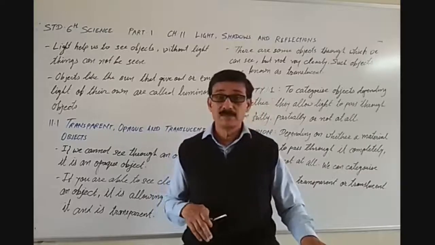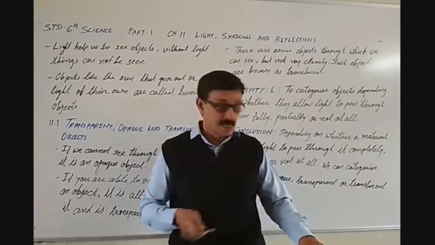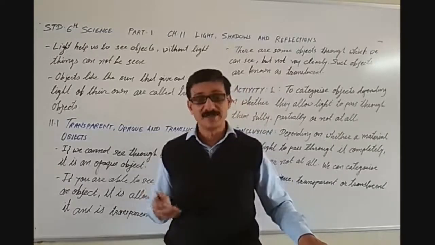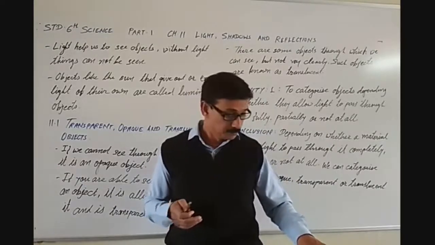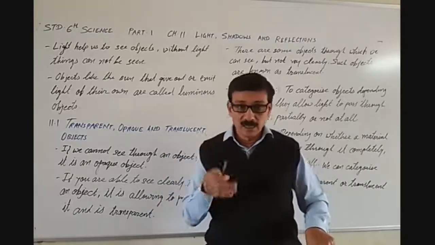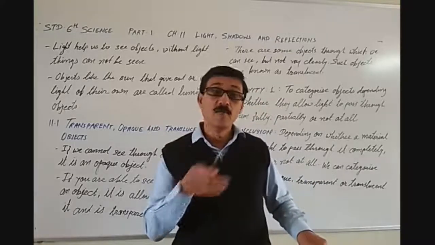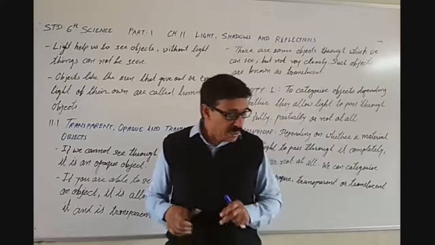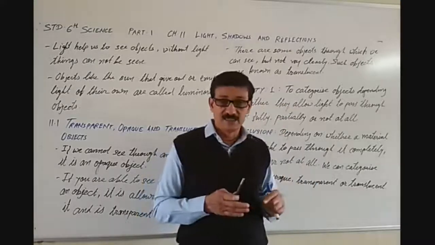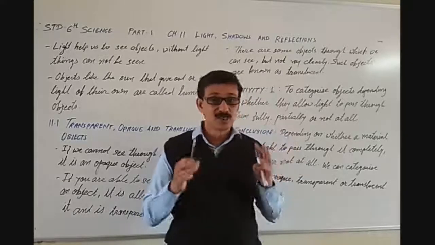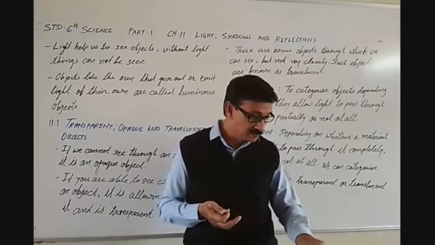The sun is another familiar object that gives its own light. During the day, the sun gives us light of its own. Its light allows us to see the objects.